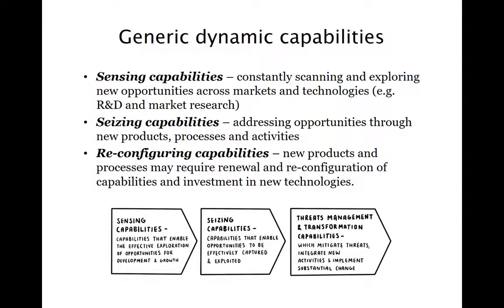Sensing refers to scanning and exploring the business environment, scanning new opportunities from markets, trying to find new technologies, R&D, market research, continuously trying to sense what's happening in the future and how our firm should adapt to those changes in the environment.